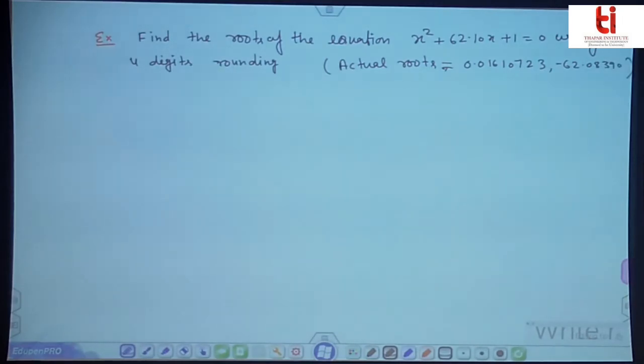Okay, these are the two actual roots of the equation. But we have to compute the roots of this equation using 4-digit rounding. Let's do it. You know how to compute the roots of a quadratic equation? Suppose the general quadratic equation is ax square plus bx plus c.